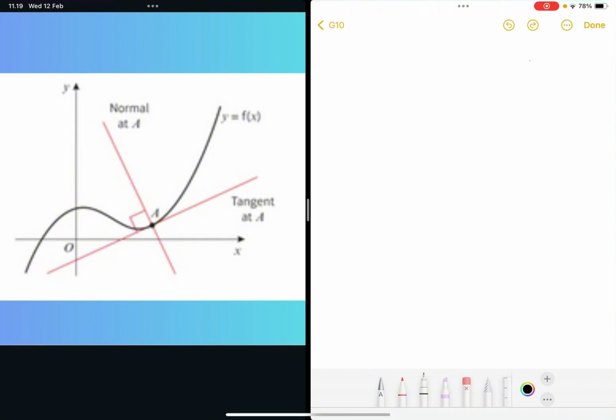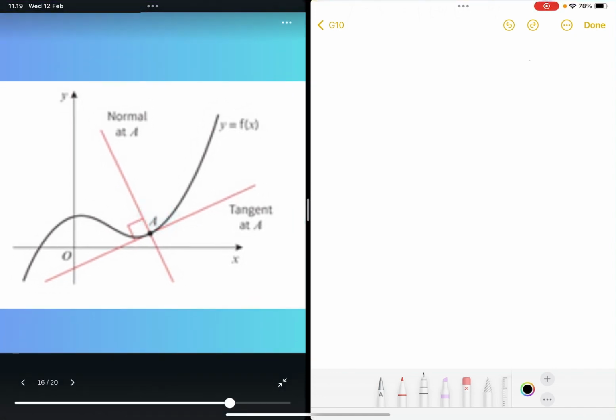There is a curve and then there is a line that touches the curve. That's the tangent. That line is only touching the curve. Remember, only touching, it's not cutting the curve.